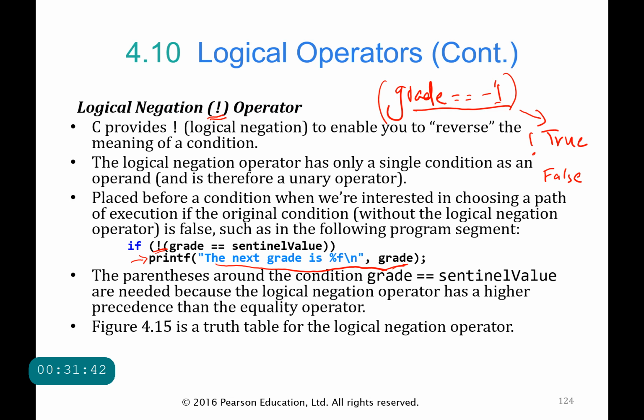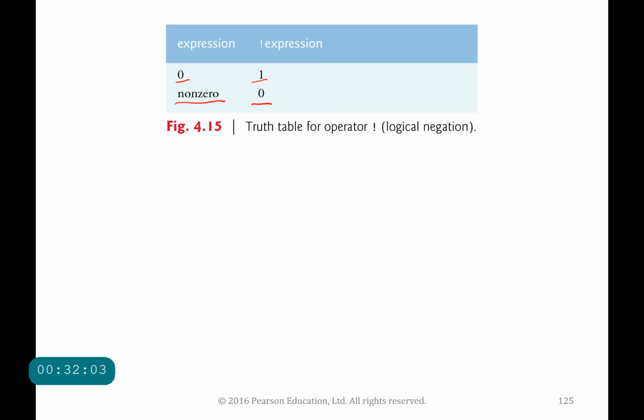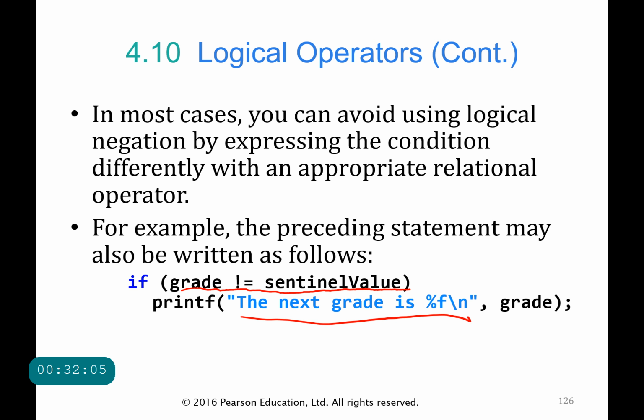But in some cases, and this is kind of a bad example, 'not true' makes more sense, and if you're in a situation like that, you have the option to use the logical negation operator.